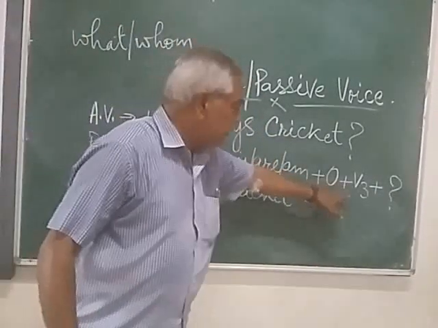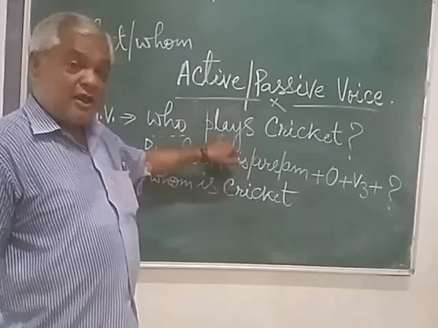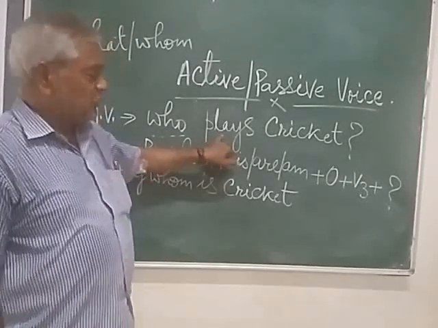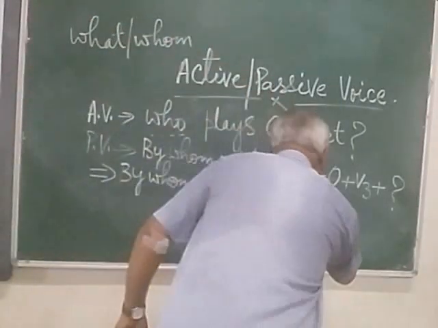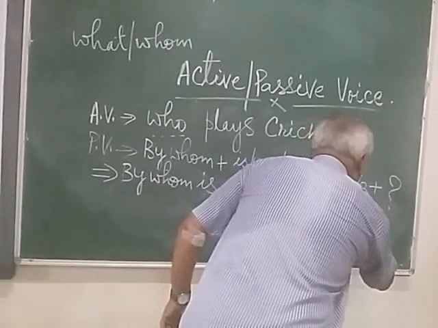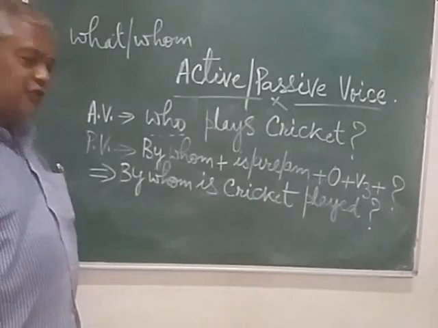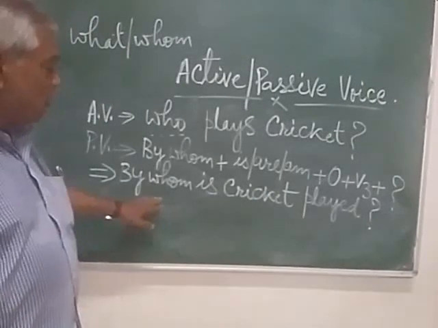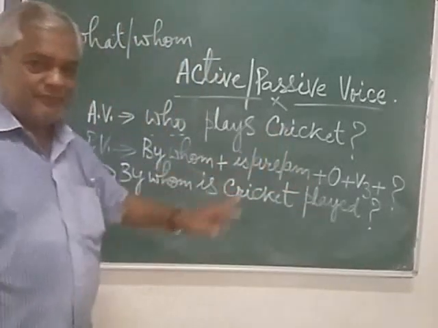Then after that V3. Here the verb is plays, V1, so you have to change it to V3. So it will be played. And at the last, the question mark. So now the sentence is: by whom is cricket played?